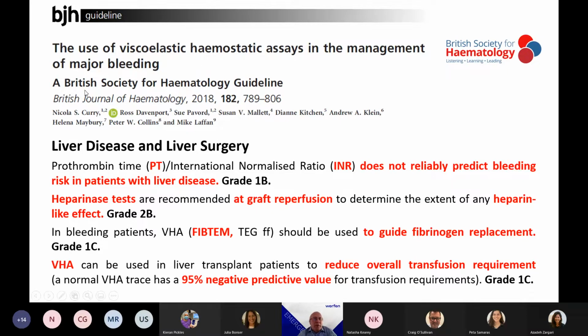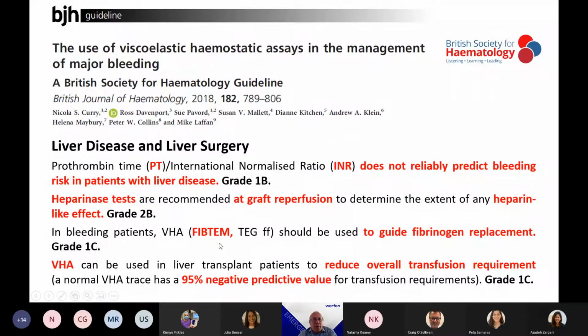When we look more specifically at the field of patients with liver disease and liver surgery, there's also a 1B recommendation from the British Society of Haematology not to use INR for the decision-making of blood transfusion or of plasma or PCC transfusion in patients with liver disease. It's important to use tests which include a heparin inhibitor, which we do in all extrinsically activated tests with polybrene, and we can also use the INTEM and HEPTEM to identify a heparin effect.